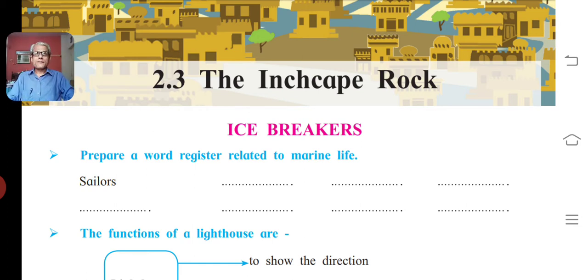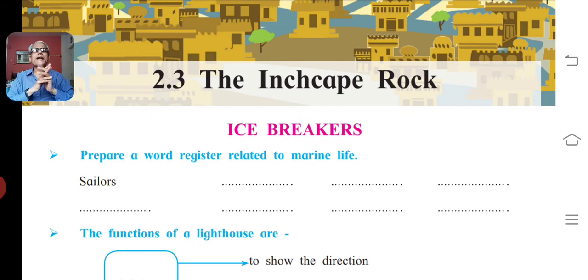So first I will start with the icebreakers. Open your textbook of English and see the icebreakers of this poem on page number 103, or you can also read and see these icebreakers on the screen in front of you.